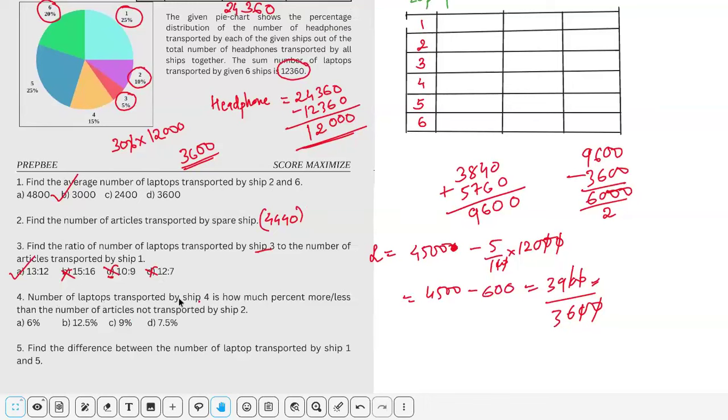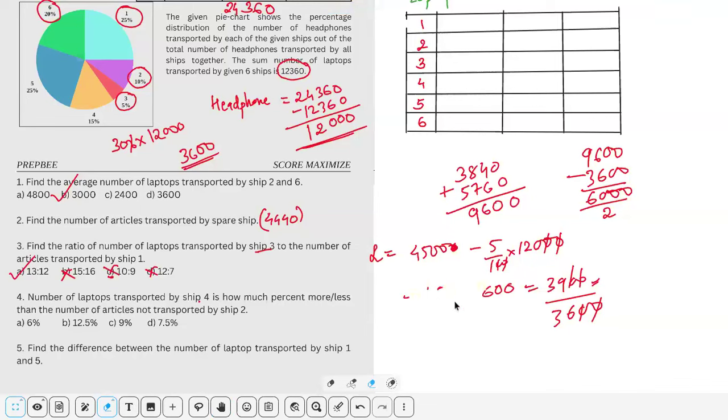Fourth, the number of laptops transported by ship 4 is how much percent more or less than the number of articles not transported by ship 2? Okay, ठीक है. Number of laptops transported by ship 4. So let's find the number of laptops transported by ship 4.